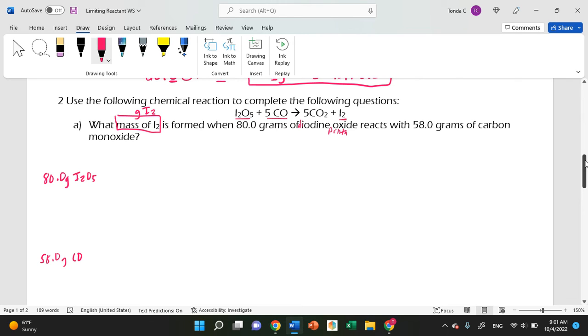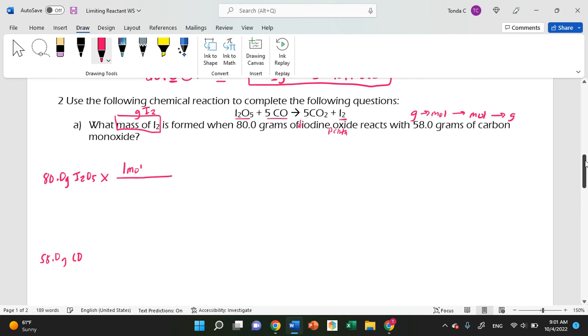Just like up above, we're going to follow the same series of steps. We're going to go grams to moles, moles to moles, and then moles to grams. So again, we follow the simple steps of grams to moles to grams. In order to go from grams to moles, the first thing we have to do is molar mass.